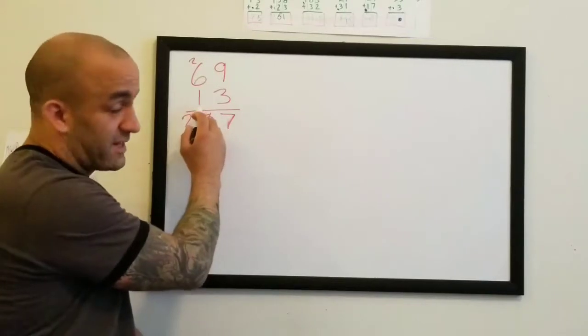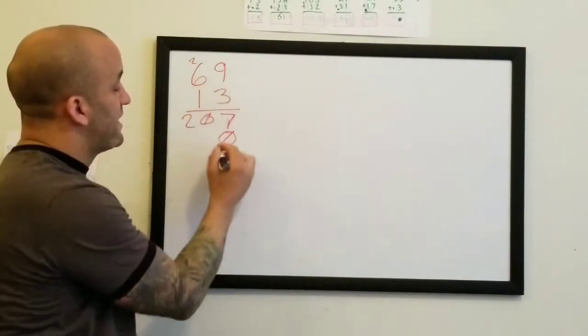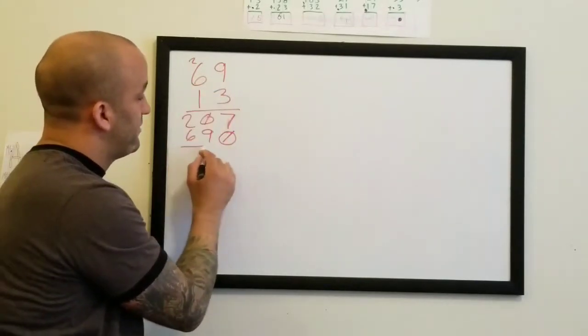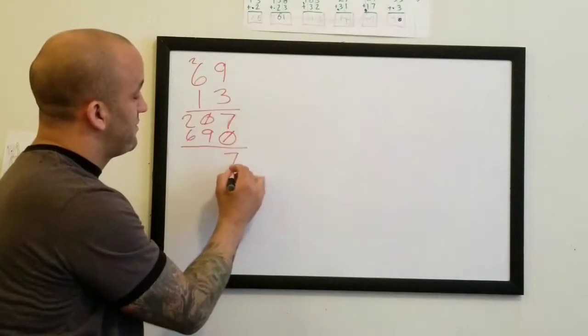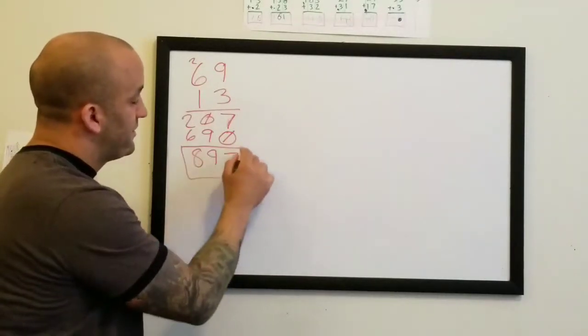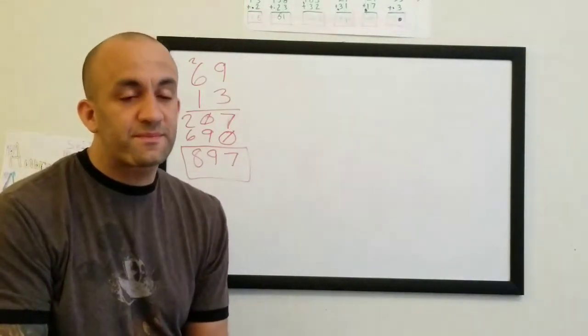Now we start in the tens place, so we fill the ones place with a 0. 1 times 9 is 9. 1 times 6 is 6. And then we add these: 7, 9, 8. So this is how we are traditionally taught to do two-digit multiplication.